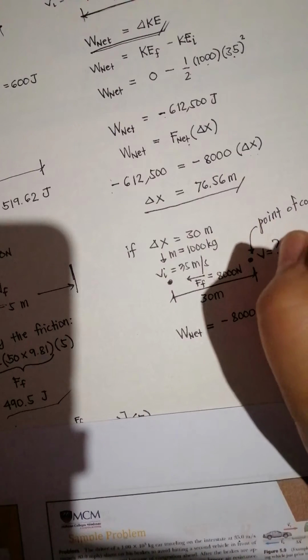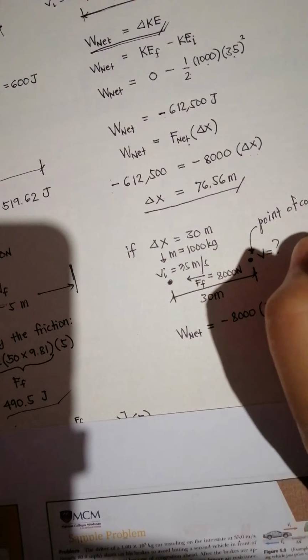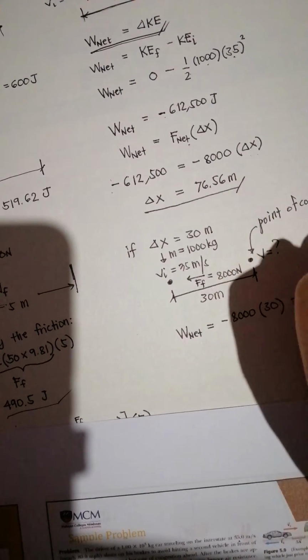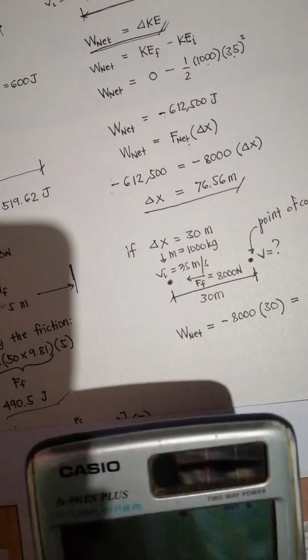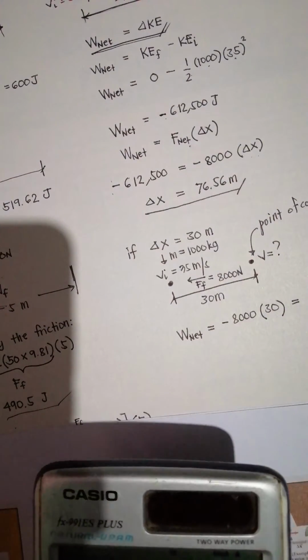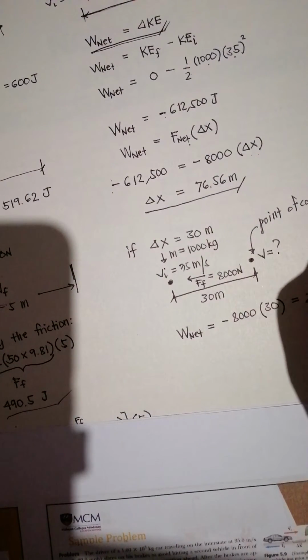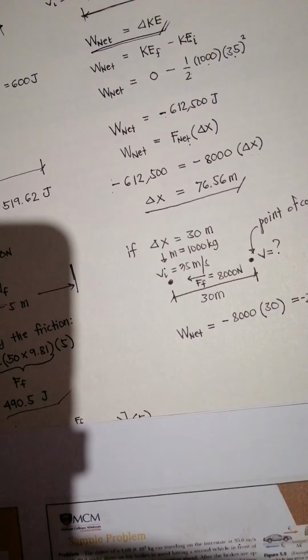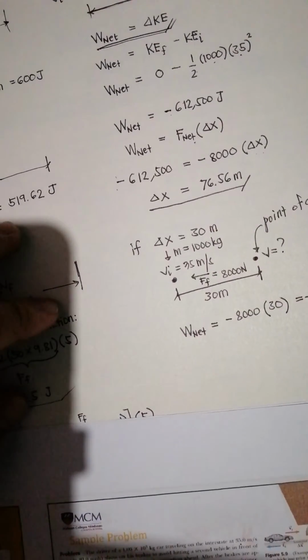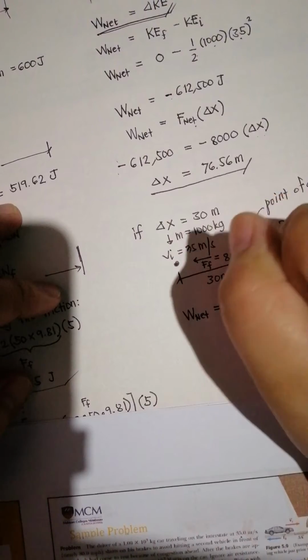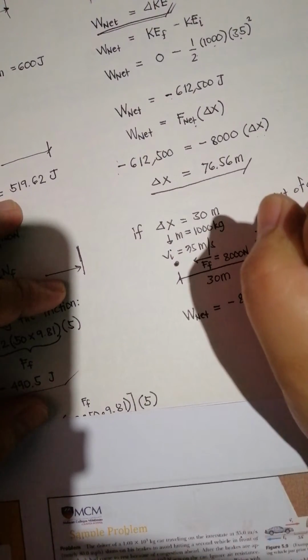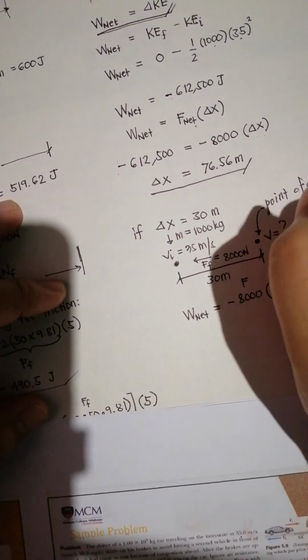Then times the displacement, which is now 30 meters. So we'll have 8,000 times 30. That will be negative 240,000 joules. So this is the net work, where we used the formula force times displacement.